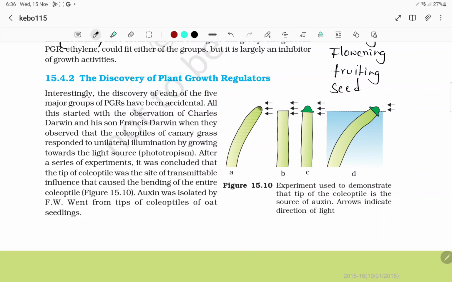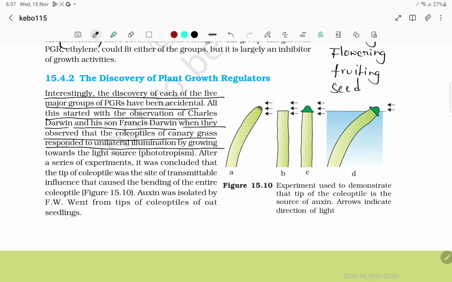Interestingly, all the five major groups of plant growth regulators have been accidentally discovered. All this started with the observation of Charles Darwin and his son Francis Darwin, when they observed that coleoptiles of canary grass responded to unilateral illumination by growing towards the light source.